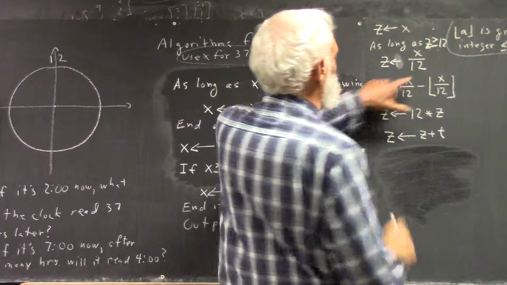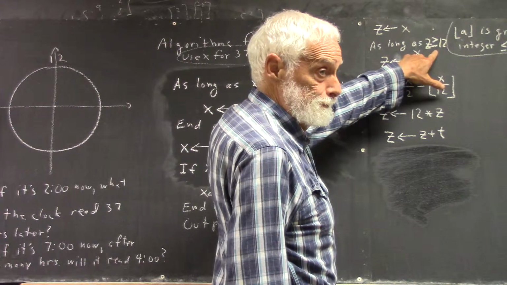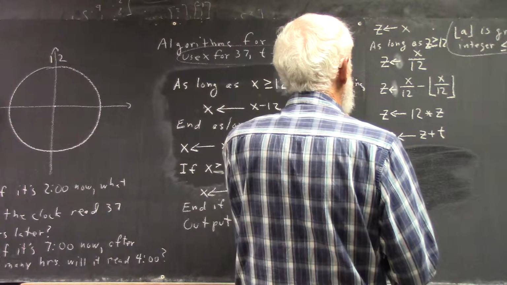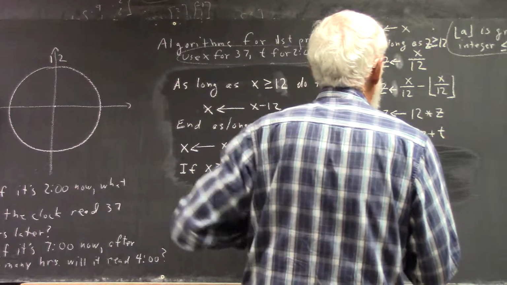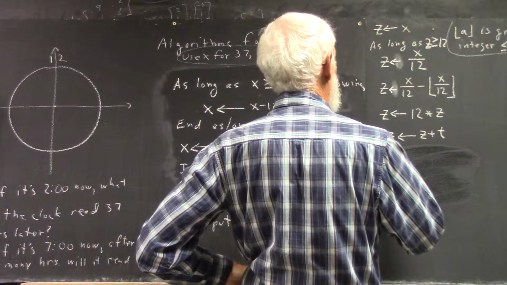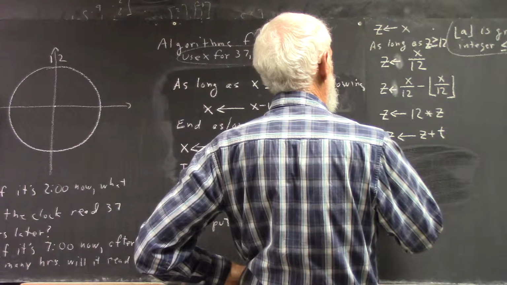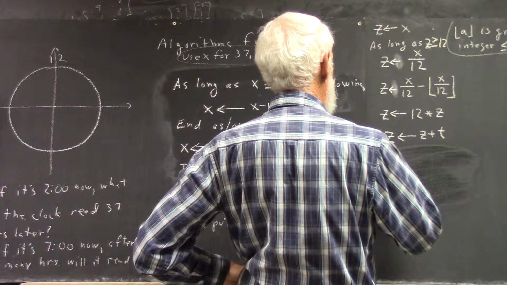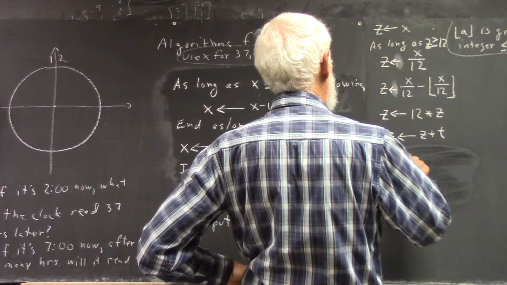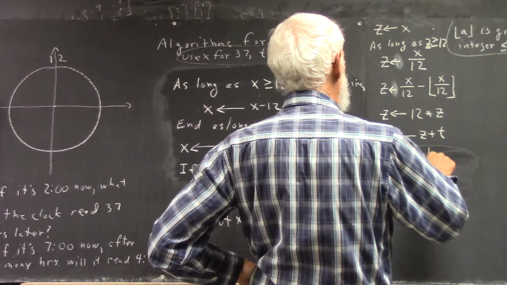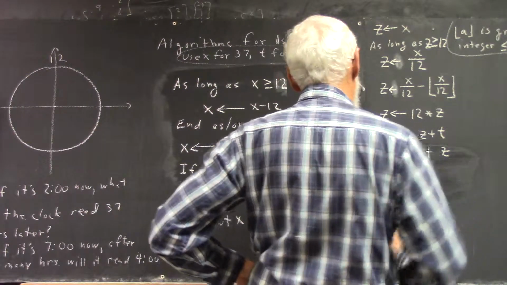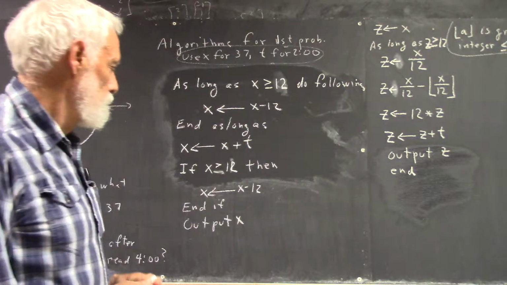It says as long as z is greater than or equal to 12. We're going to output z, we're going to end.